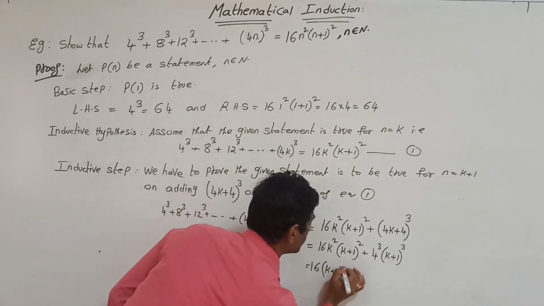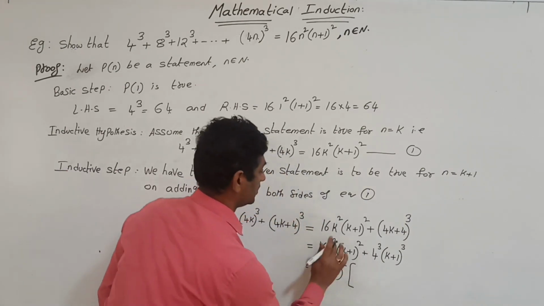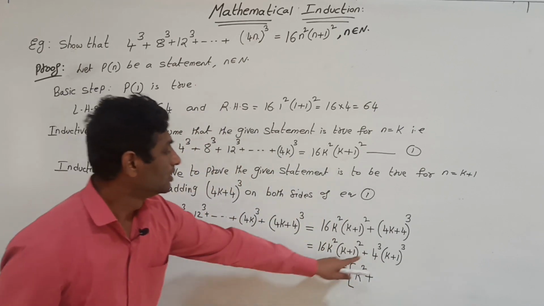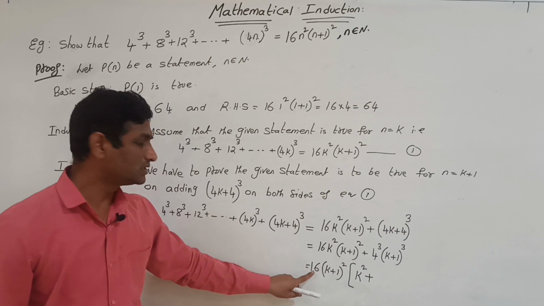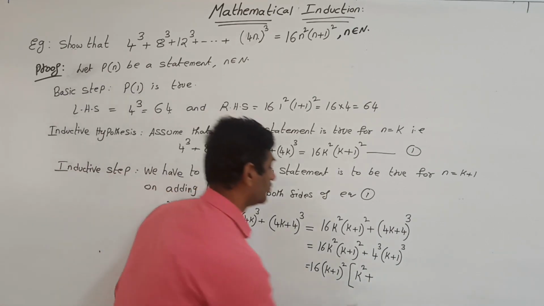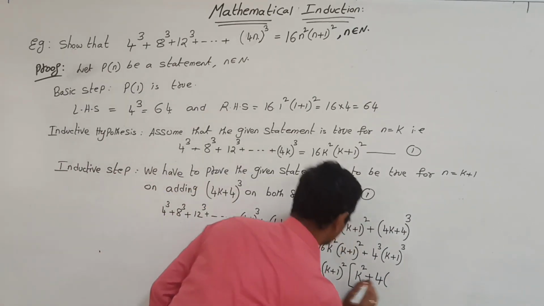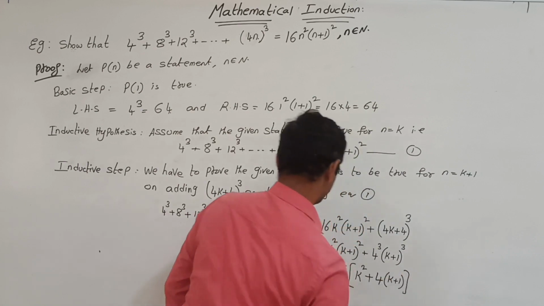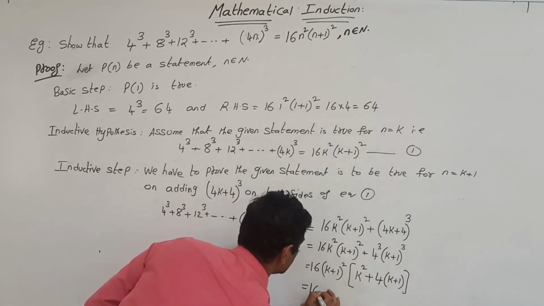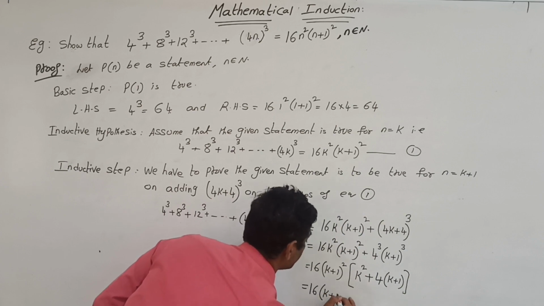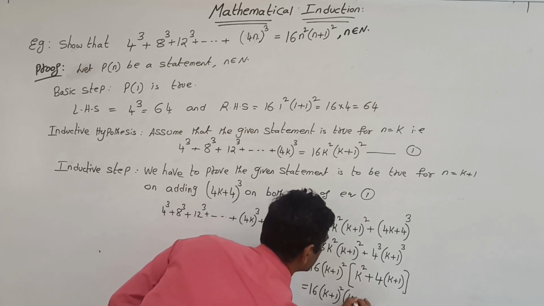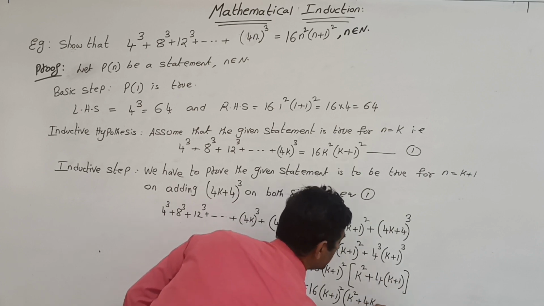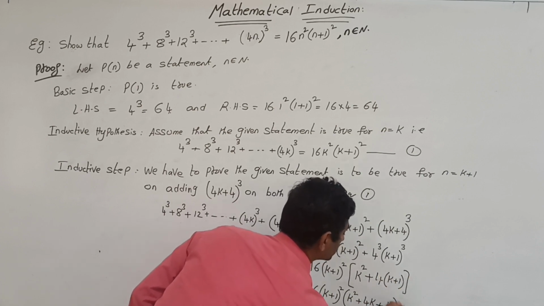It will be k square plus, out of 64 we have taken 16 out, so 4 remaining into k plus 1. That is 16 times k plus 1 whole square into k square plus 4k plus 4.